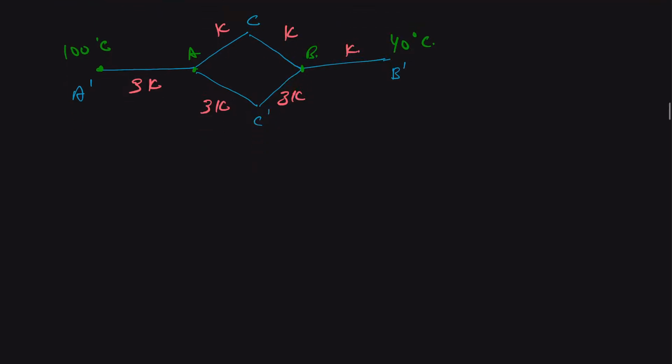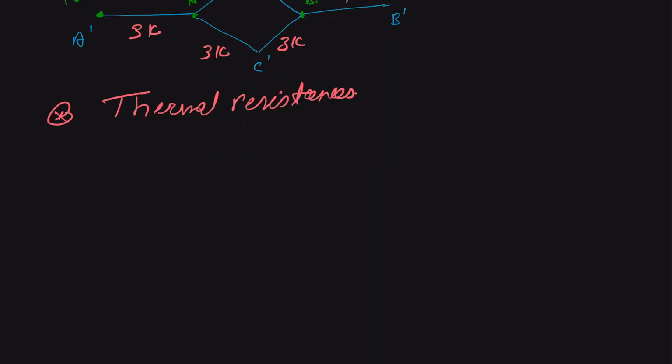So first of all, we find out thermal conductivity between A prime and A. Sorry, not thermal conductivity, but thermal resistances. From our A prime to A, we are given that its conductivity is 3K.